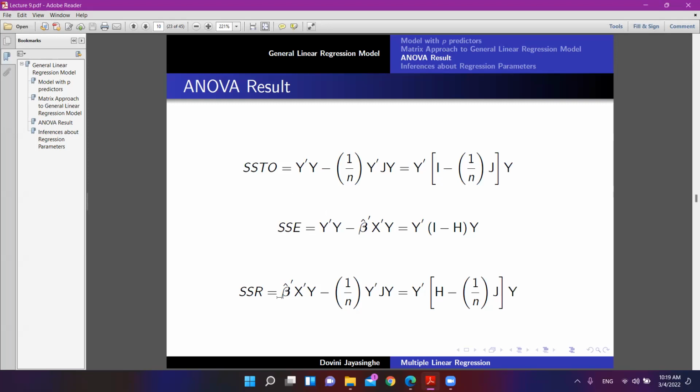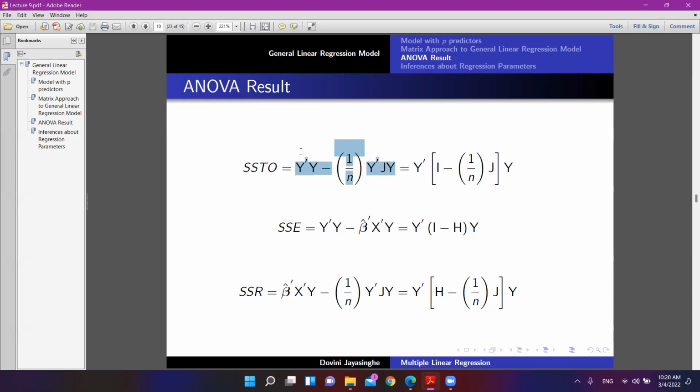SSTO, SSE, and SSR are going to be the same thing. When you are substituting values, only this thing changes, because we have a new formation of a matrix X. Others all remain the same. So it is important for you all to know the formation of this one.